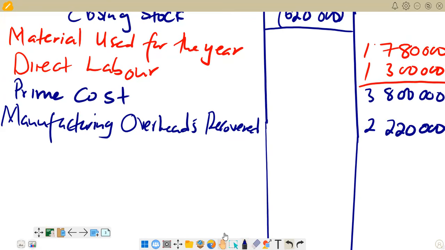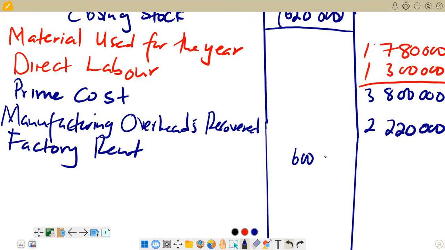Here we have got factory rent, and the amount that we have there is 600,000. So we're going to put it in this column. Then the total will come here, 600,000.